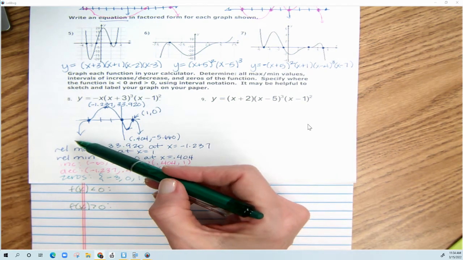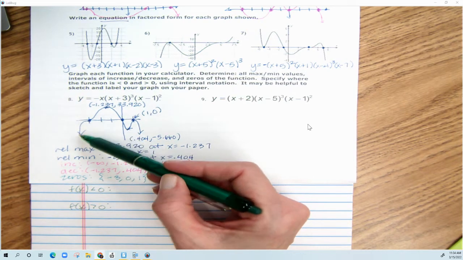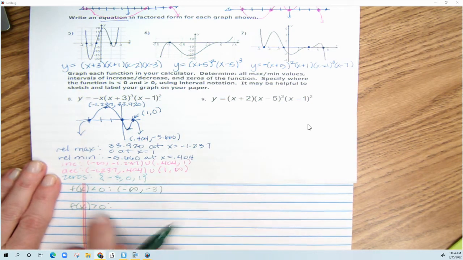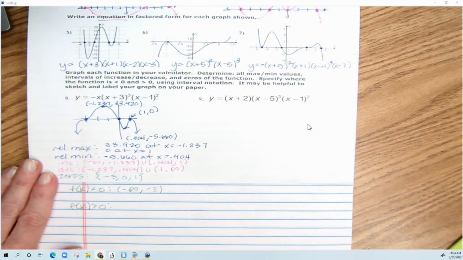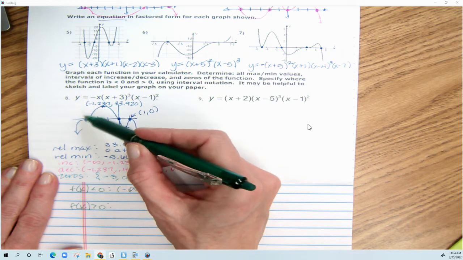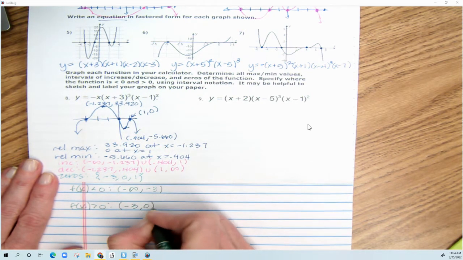From negative infinity to negative 3, it's below the x-intercept, so it's less than 0. It's less than, so we use a parenthesis. If it's less than or equal to, we'd use a bracket. Then it's above the x-axis from negative 3 to 0.